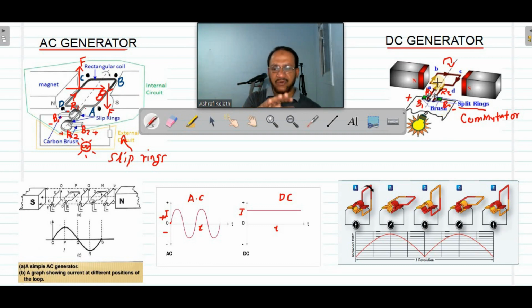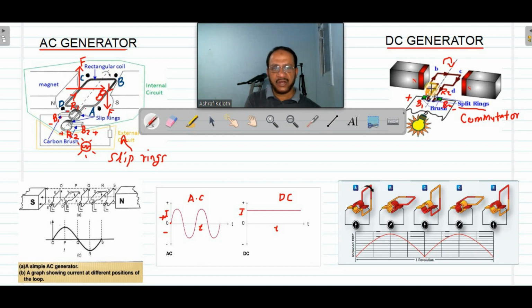In the second half rotation, when one half rotation is over, ring R1 will come into contact with brush B2, and ring R2 will go to B1. Means the two rings R1 and R2 exchange their positions between the brushes B1 and B2.